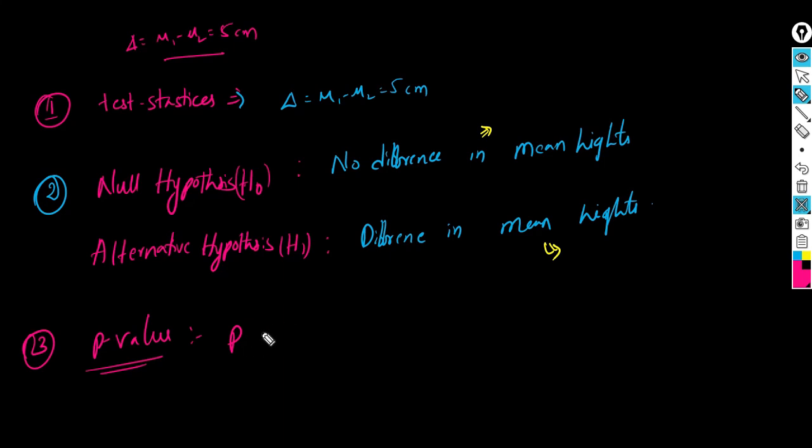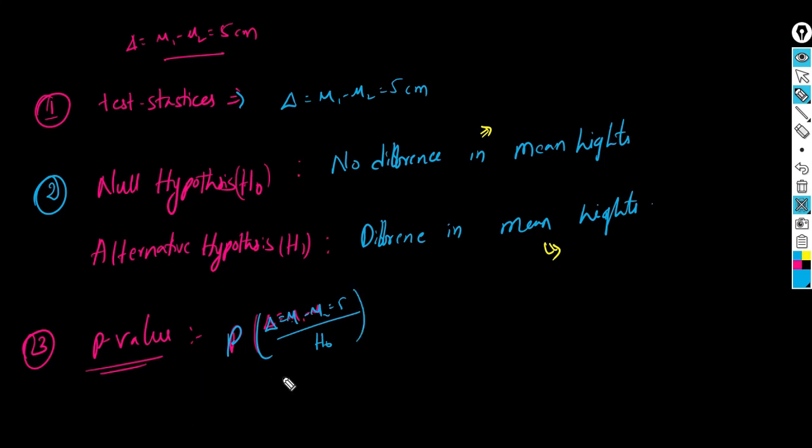What we observed is delta, mu1 minus mu2. I will use a different color. What we observed, mu1 minus mu2 equal to 5, and if the null hypothesis H0 is true.